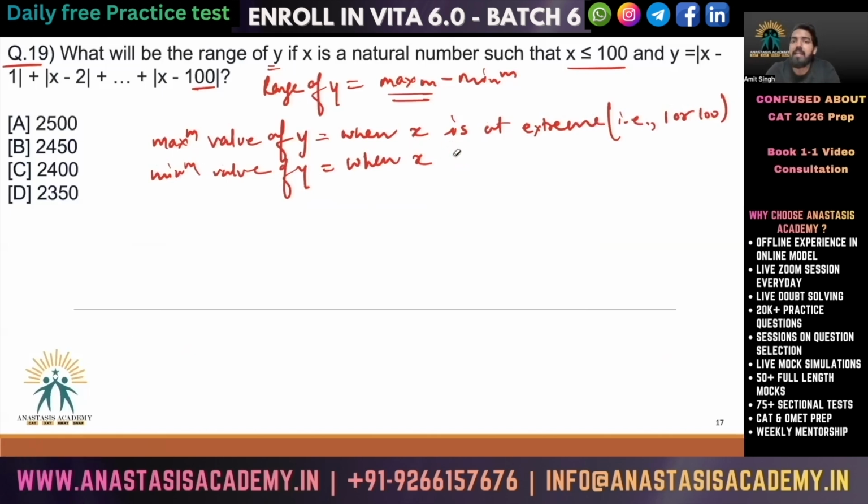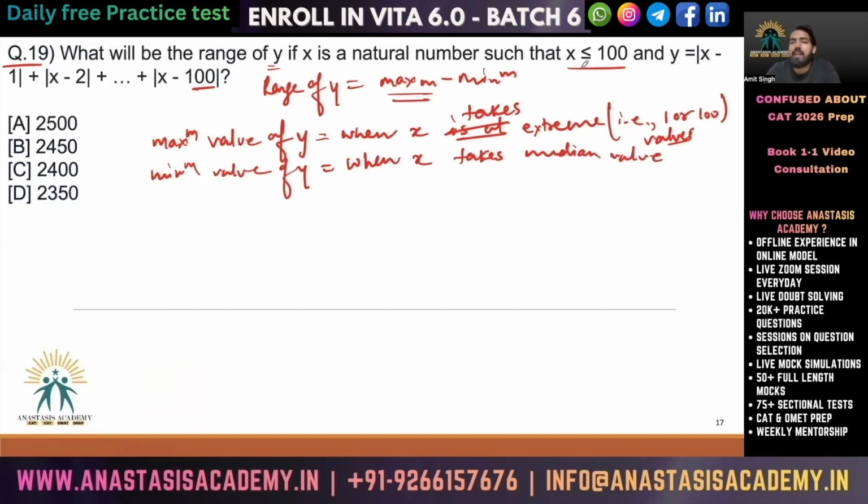The maximum occurs when x takes extreme values, and the minimum when x takes the median value.